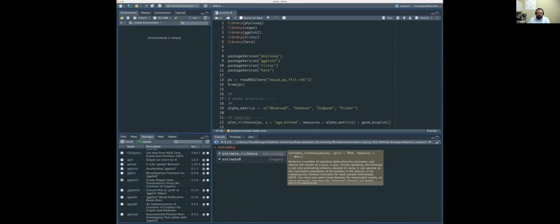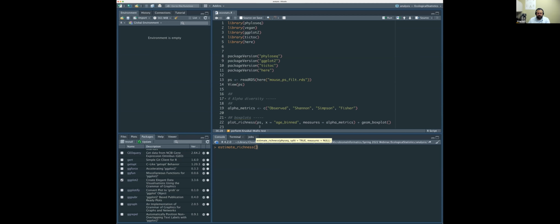We can see here from the pop-up, this is RStudio, by the way, if anyone's not familiar. This is probably the best way to interact with R. But you can see here that estimate richness is a function in the fileseek library. And since I've loaded the fileseek library, I can just call the estimate richness function because it's part of my global environment.